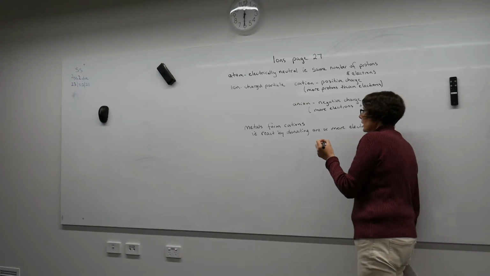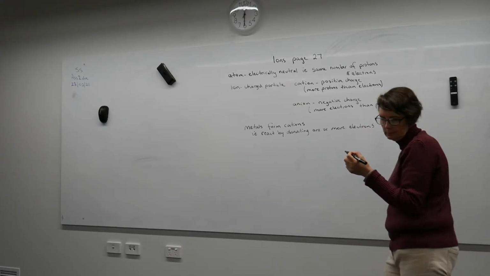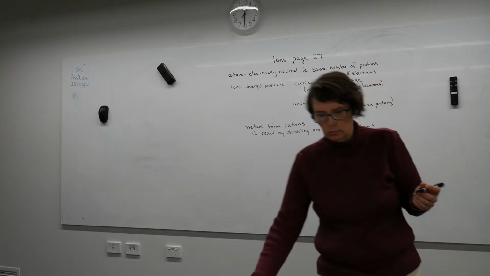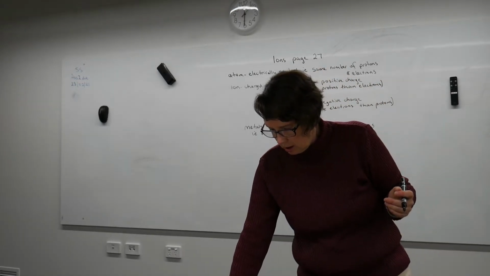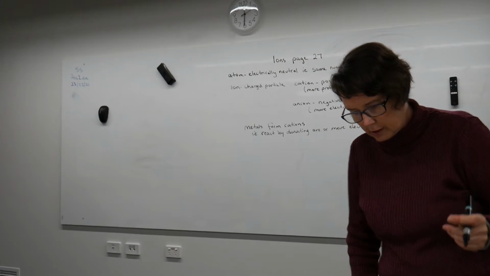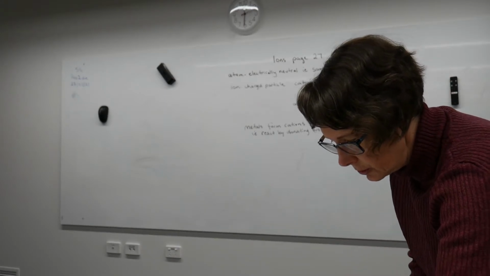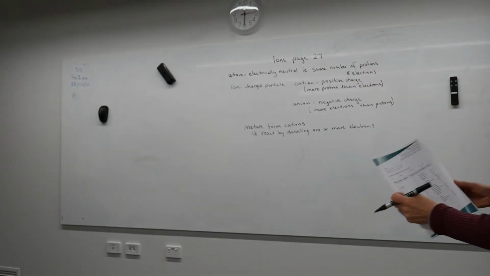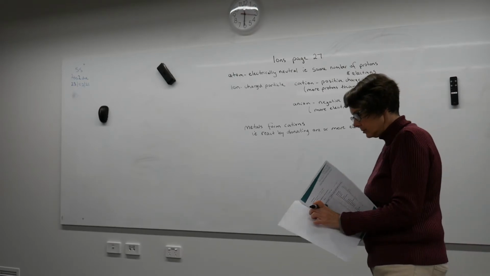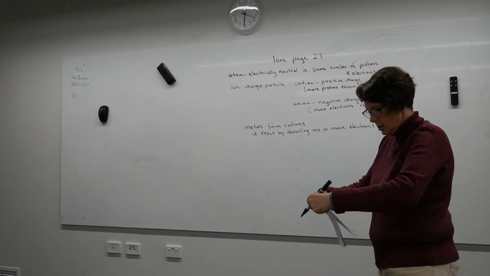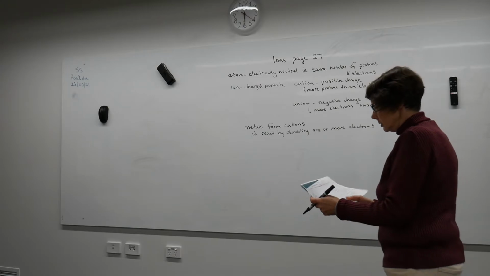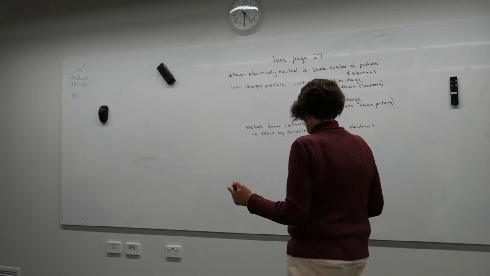So if we look at something else, what metal will we choose? Do you want to pull out your periodic tables and have a look at them? And you might choose lithium.